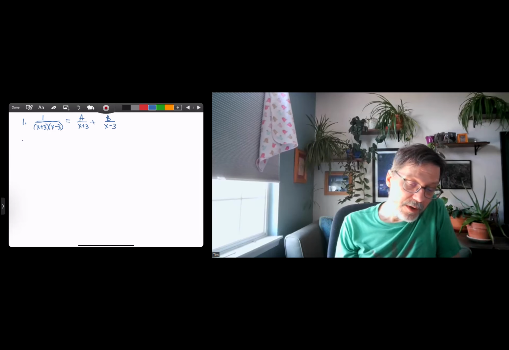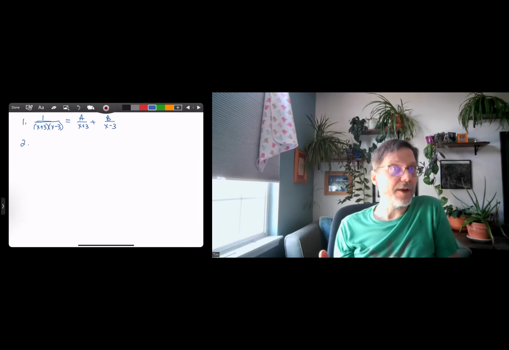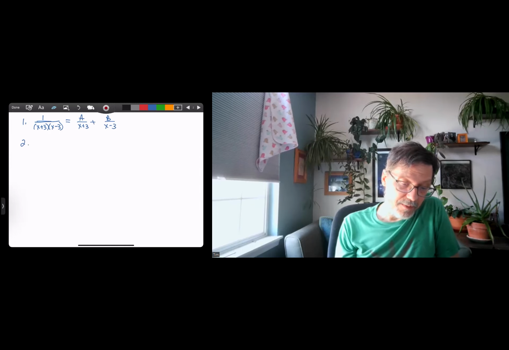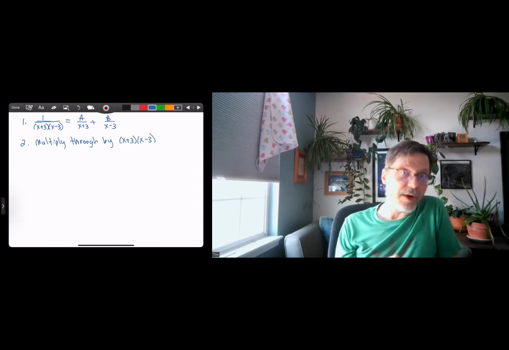Step 2 is going to be clear out the fractions. So I'm literally going to just multiply through by the original denominator, by x plus 3 and x minus 3. Again, getting rid of all the fractions is an important step in this process.